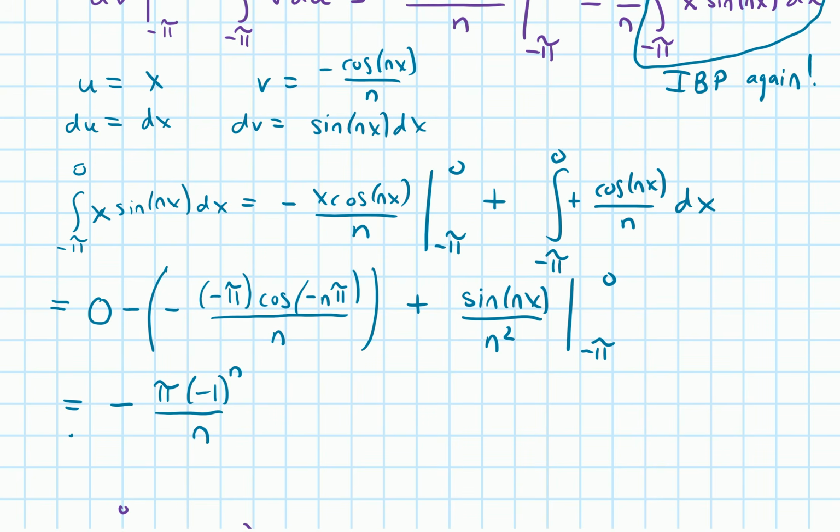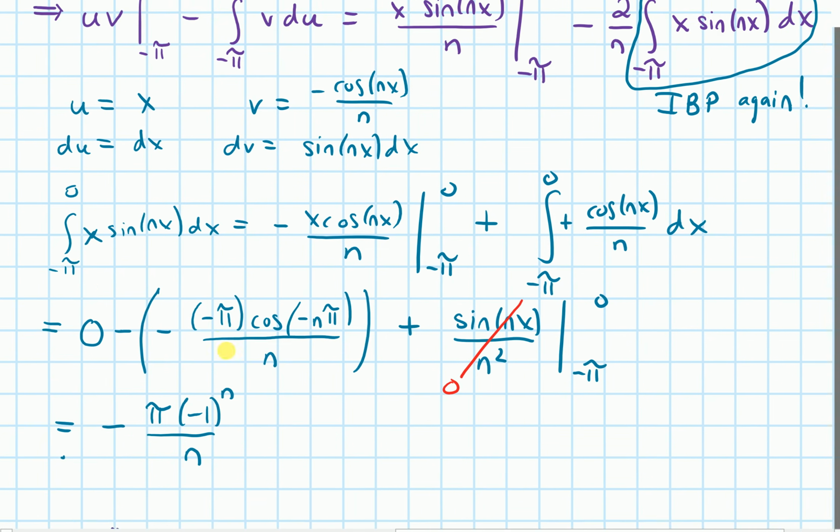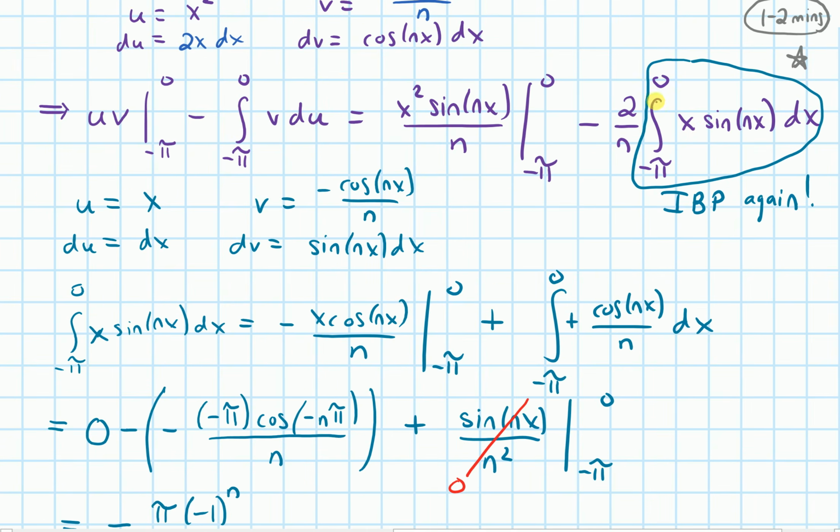And if you plug in 0 into sine of nx, you get sine of 0, which is 0. If you plug negative pi into this, you get sine of n times negative pi, and that's also 0. So this whole thing will be 0 after you plug in the 0 and the negative pi. All right, so we have now figured out what this integral is, the integral of x times sine of nx.